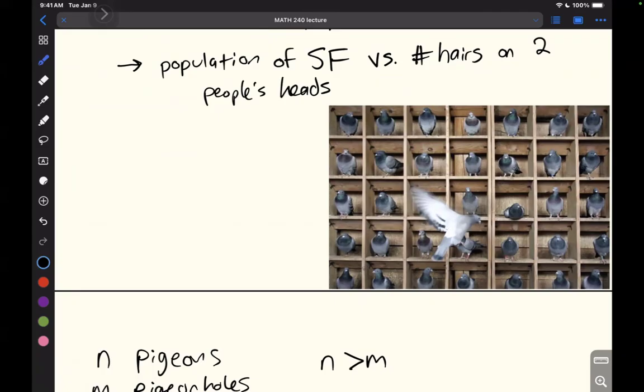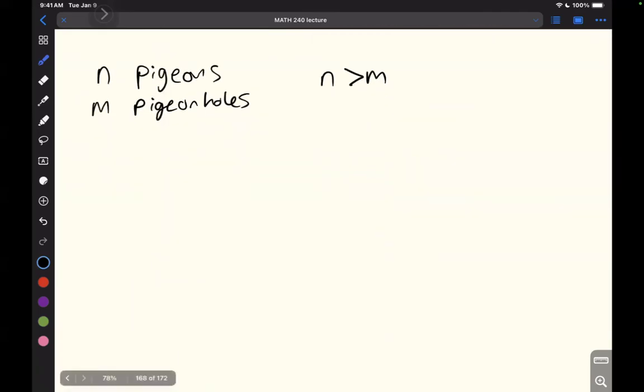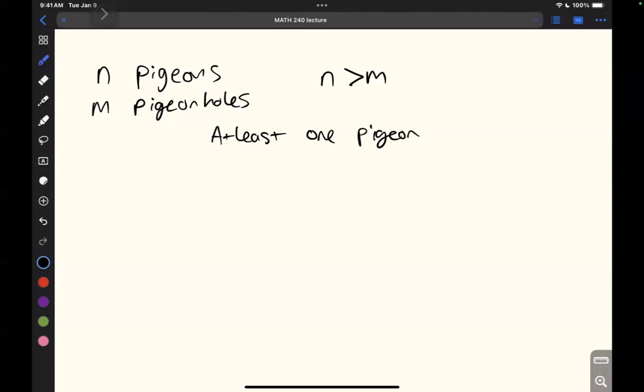And so it's going to have to roost with one other bird. So at least one pigeonhole has more than one pigeon. Make sense? So at least one pigeonhole has more than one pigeon.